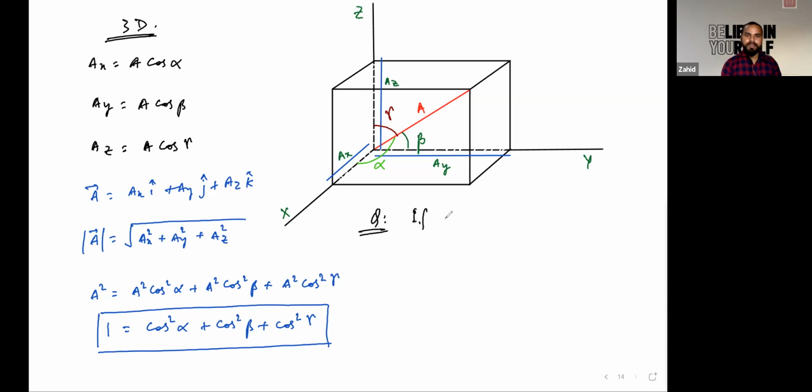Suppose you have A is equal to 2 i... Now suppose you want to calculate alpha and beta using this.